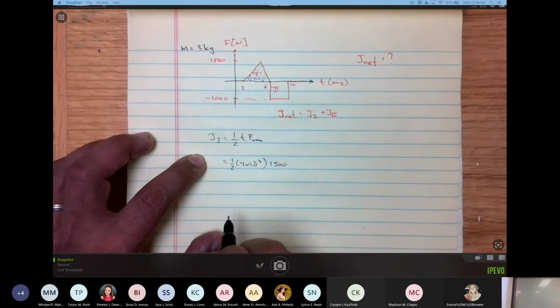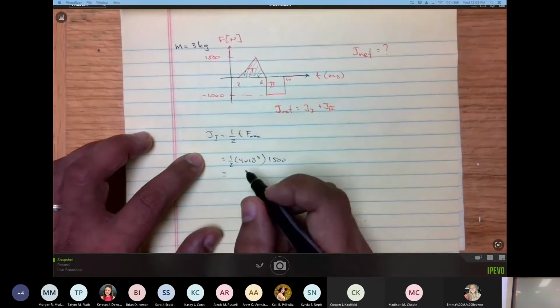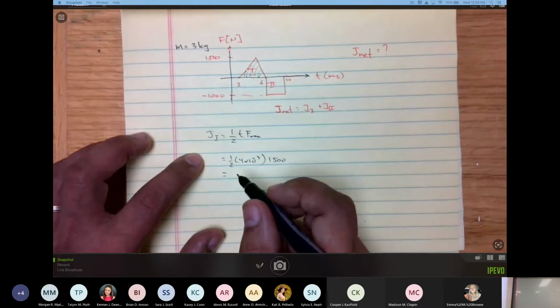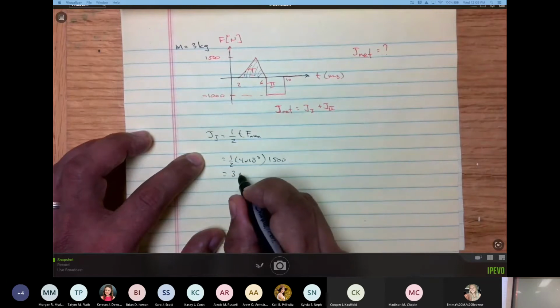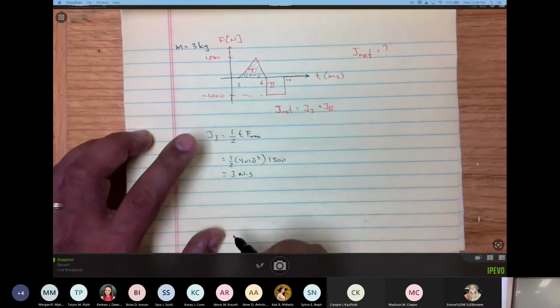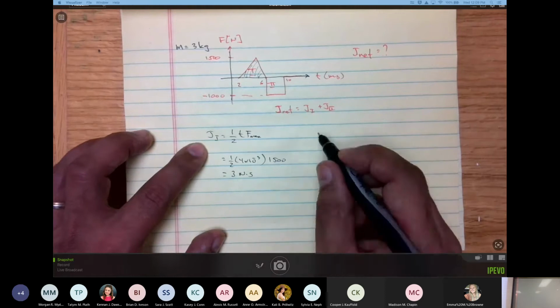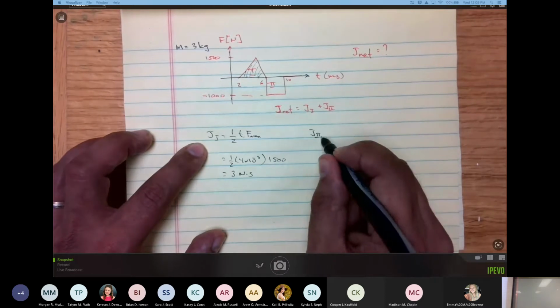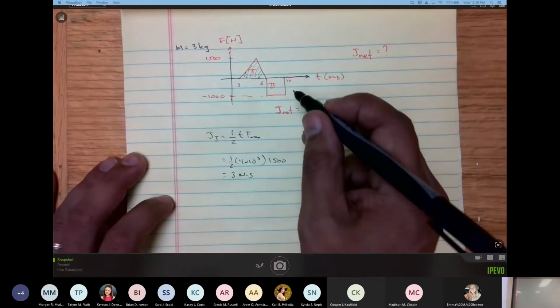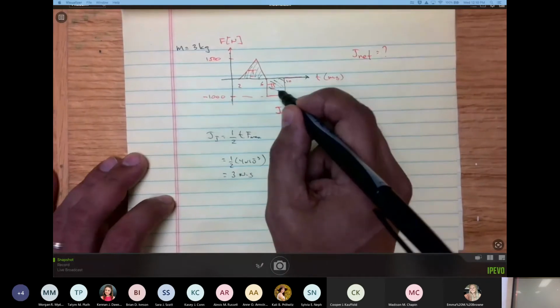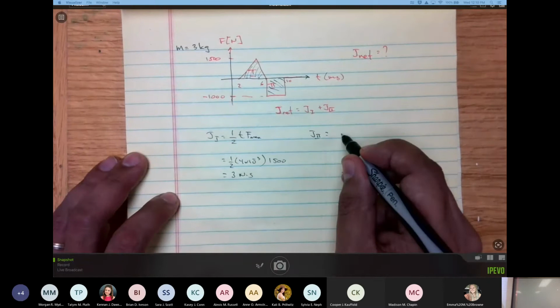Kennedy, what do you got? I don't know. I used the wrong number. Oh, yeah, Mary. So it's 3 newton seconds. Okay, so that will be the impulse of the first section. For the second section, now the shape is a rectangle, so that's just base times height, the time times the force.